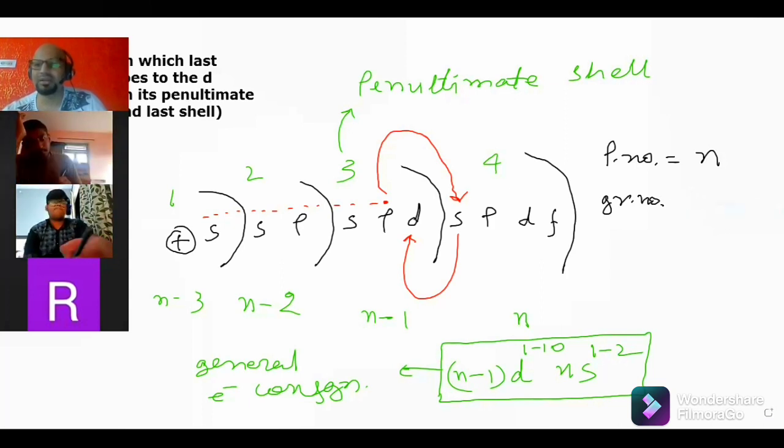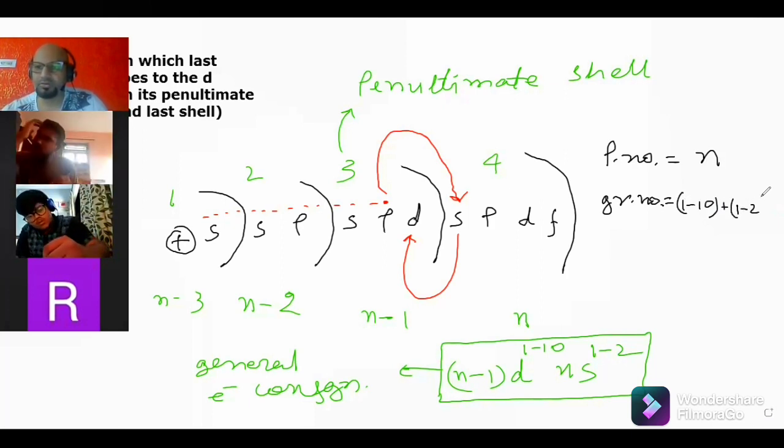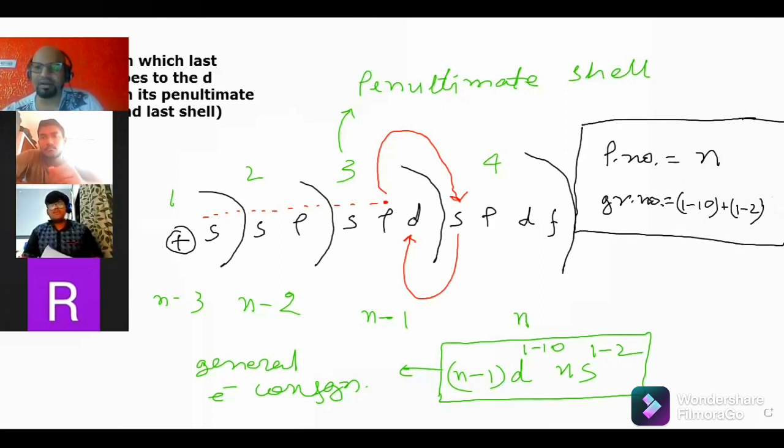Let me write it a little more clearly. 1 to 10 plus 1 to 2. That is your group number. So now you know how to find the period number and group number from the valence shell configuration of d block elements.